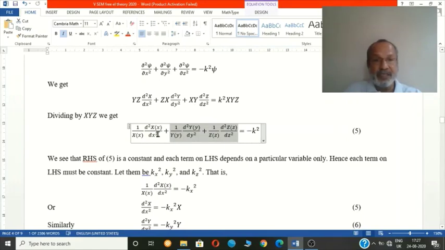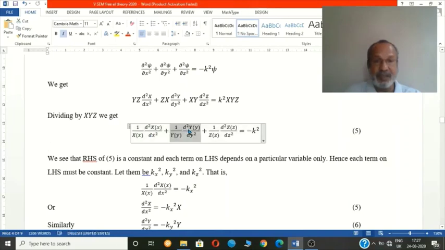If you change x, that will apply on this first term only, and this first term will change. If that is changed, then this equation will not be satisfied. Otherwise, there should be something to change here, but all are independent of x. So this must be separately a constant.